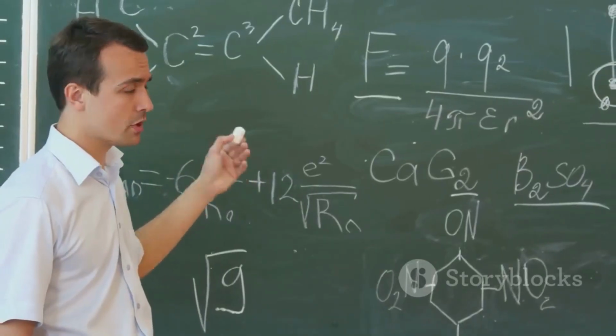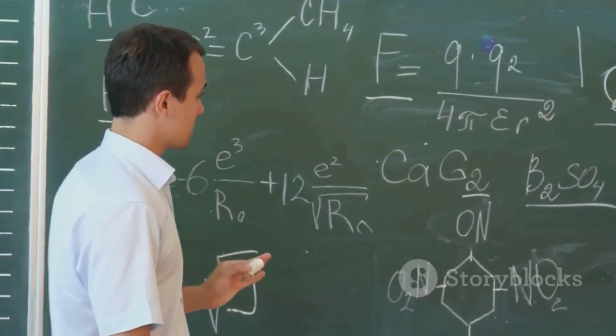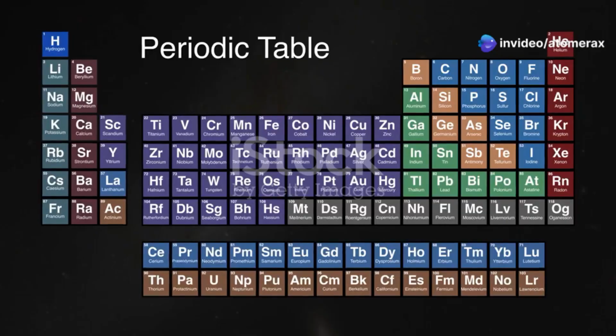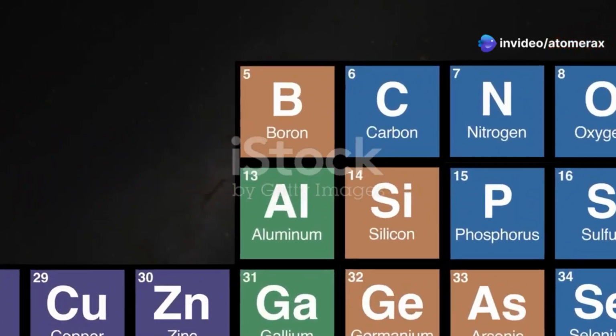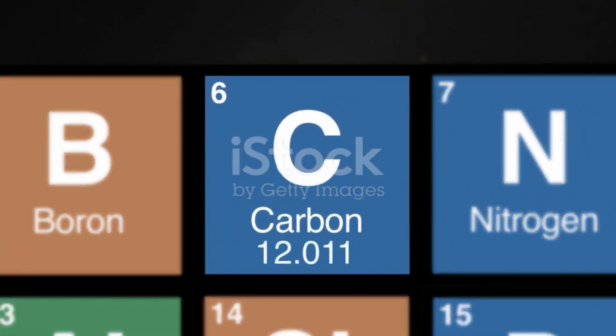Following the steps we've learned, we can calculate the percentage composition of each element in glucose, a fundamental skill in chemistry. Carbon: 6 times 12.01 AMU divided by 180.16 AMU times 100% equals 40%. This means that carbon makes up 40% of glucose by mass.